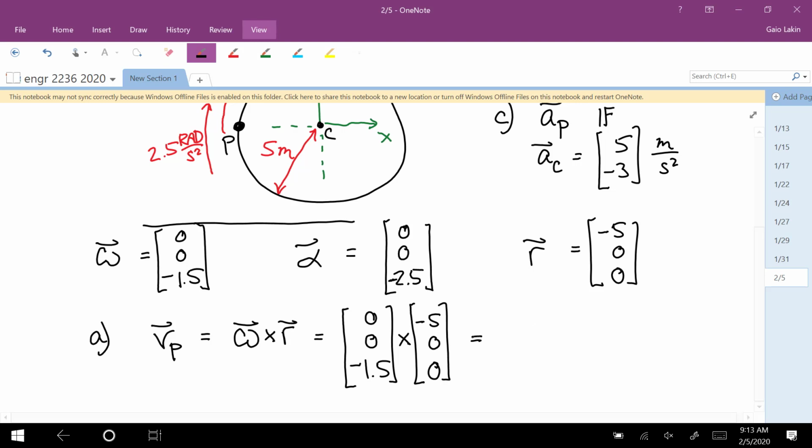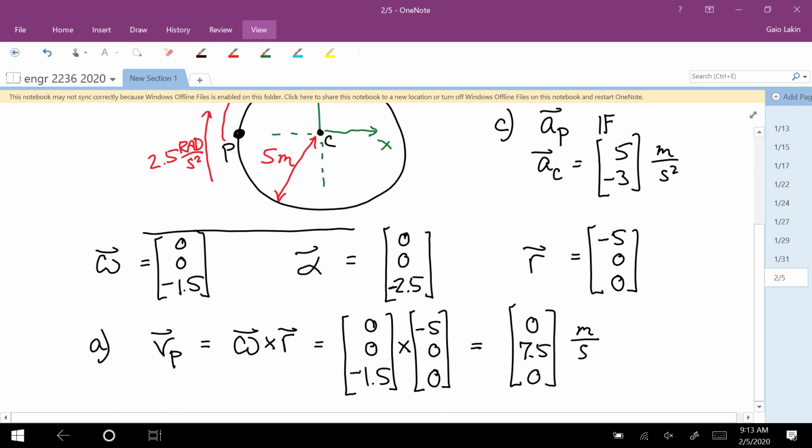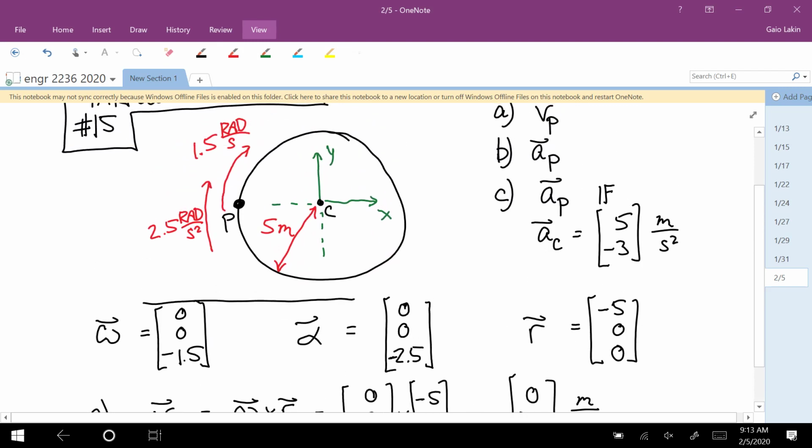And that is 0, 7.5, 0, in meters per second. Does it make sense that the direction of that velocity vector is in the positive y direction? Yeah, if this thing's rotating this way, then that point is moving up.